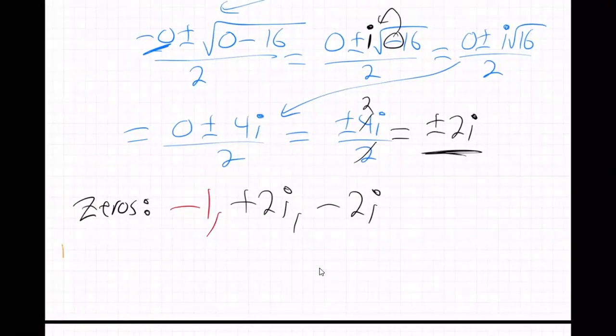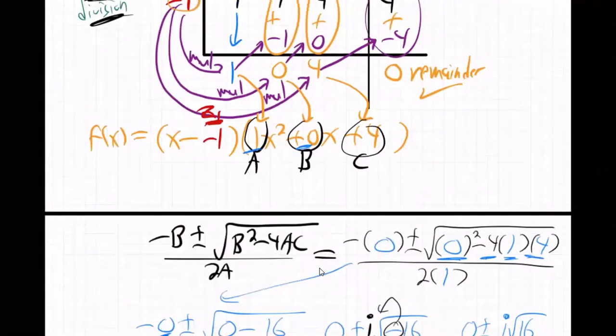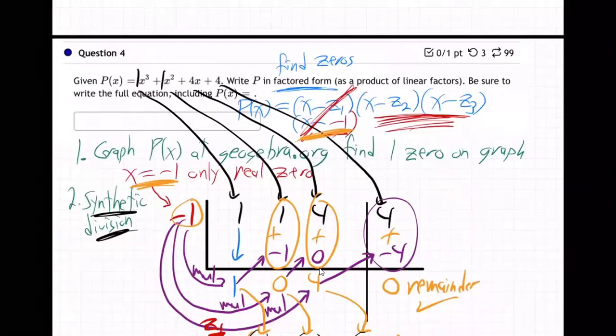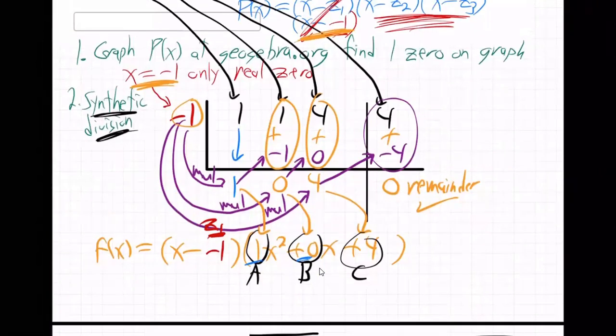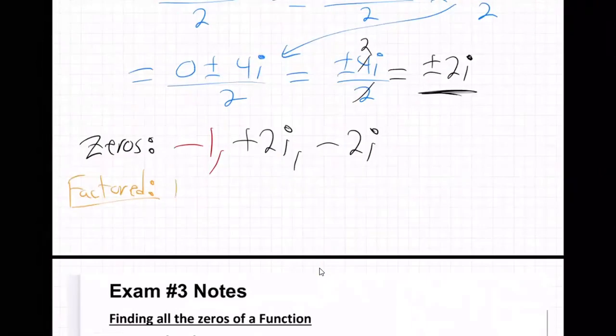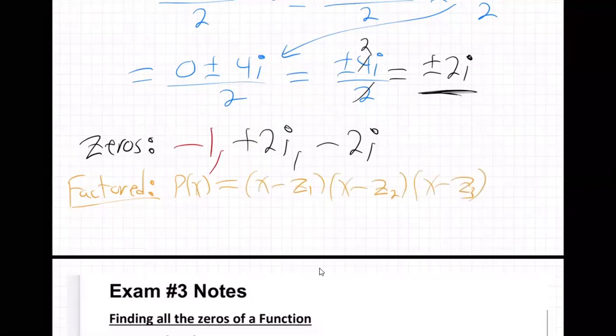So factored, remember what it is? Right up here, we said it's going to be p of x equals x minus 0,1, x minus 0,2, x minus 0,3. So let's write that.